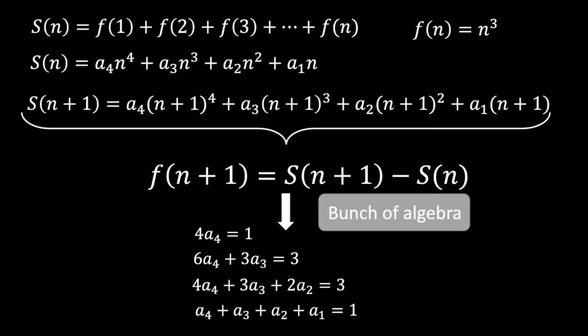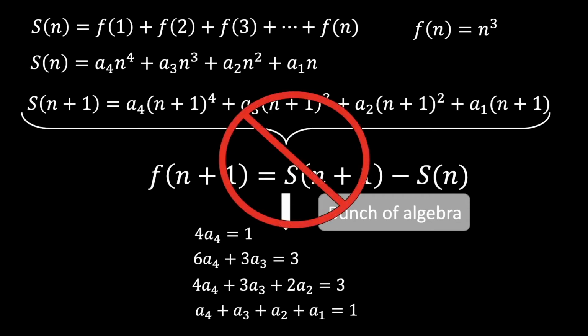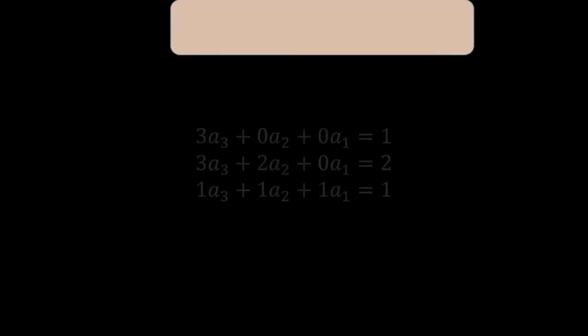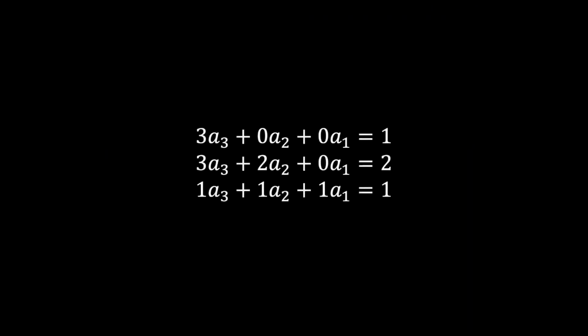But that's a lot of work to get there, and it only gets worse the higher order polynomial you are trying to sum. Fortunately, there's a little trick we can apply, so we can skip most of the algebra and arrive directly at the system of equations. Let's look at the system of equations from the last example.